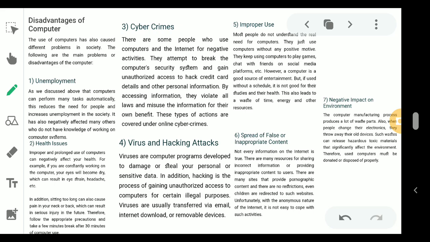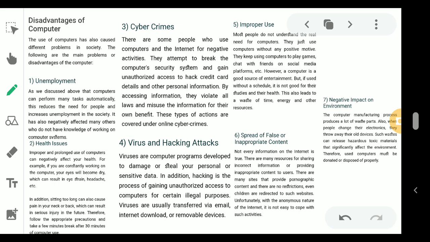But we can deal with viruses: if your system is protected with antivirus, then viruses cannot attack. But unauthorized access, that is hacking, we cannot control. So try to give a secure password to each and every profile, so that hacking cannot be an easy process for them.